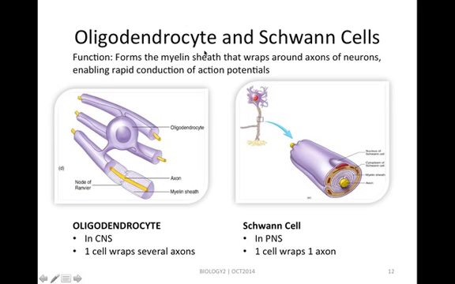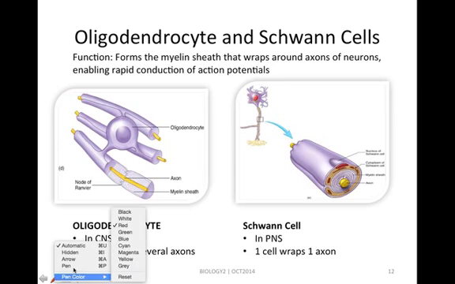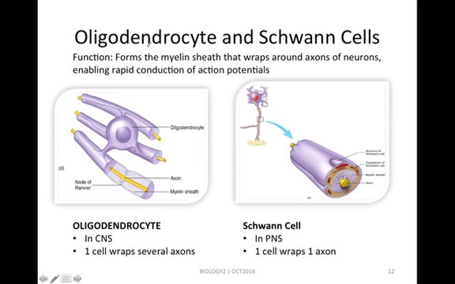The third group of glia cells are discussed together because basically their functions are the same. Oligodendrocytes and Schwann cells form the myelin sheath that wraps around the axons of neurons, enabling rapid conduction of action potentials.